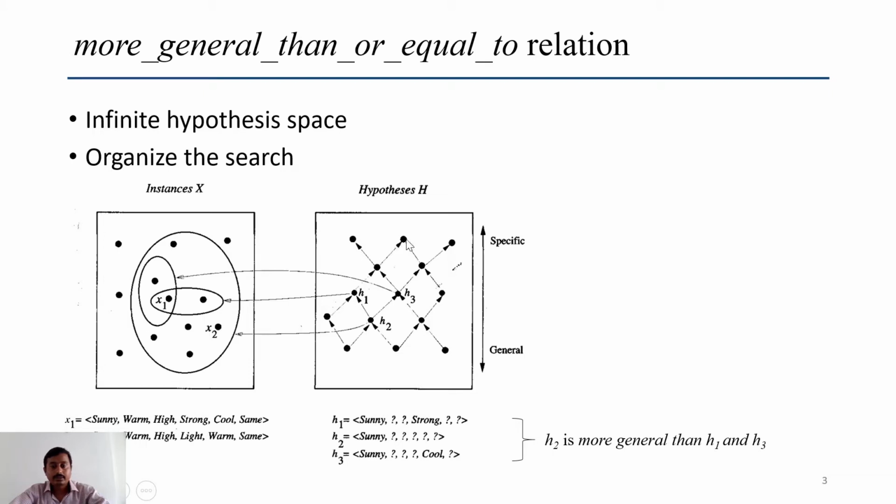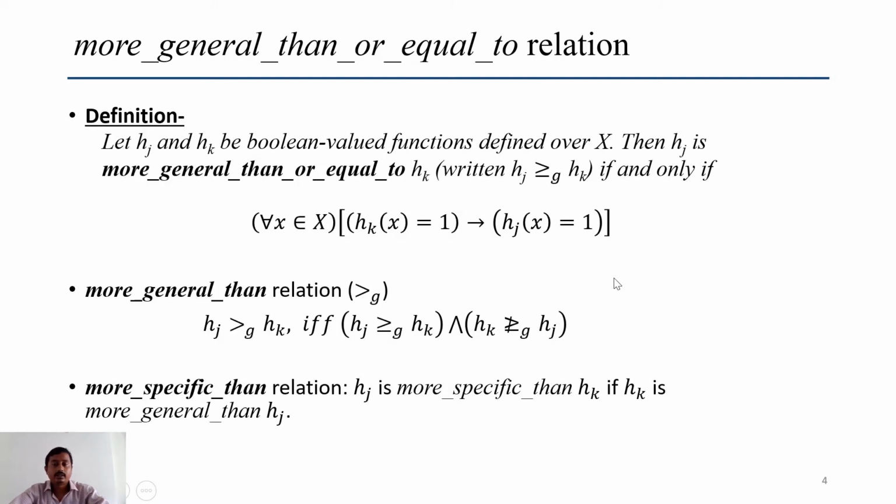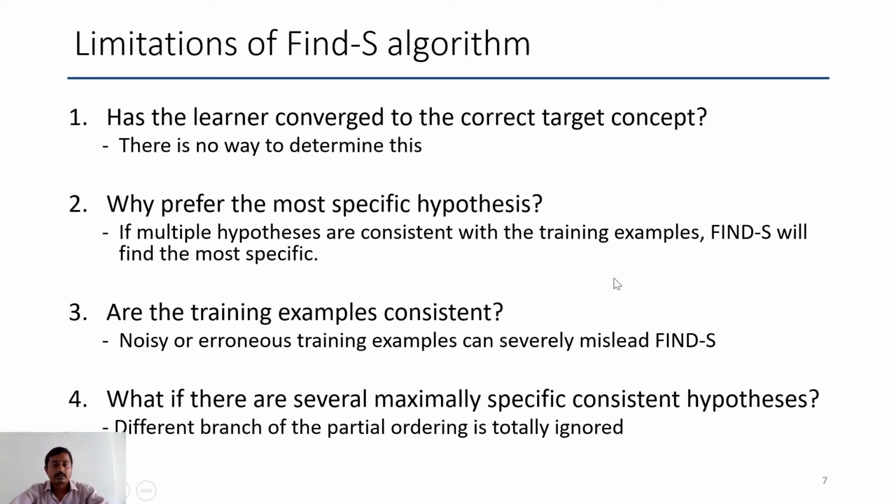Different branches of the partial ordering are totally ignored in the Find-S algorithm. We start with one most specific hypothesis and go down the line, so other partial orderings are totally ignored. That is the problem. So these are the limitations of the Find-S algorithm.